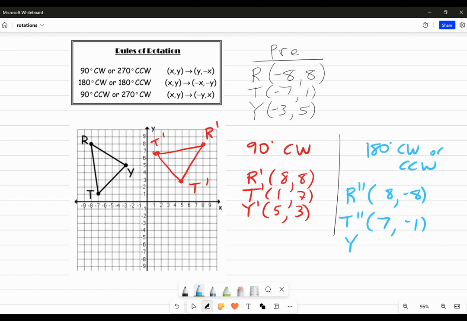And my new coordinate y double prime becomes 3, -5. And we can see where this one ends up on the graph. So 8, -8, 7, -1, and 3, -5. So we just performed a 180-degree spin of our original triangle, where it's transforming and rotating to that other quadrant down there.